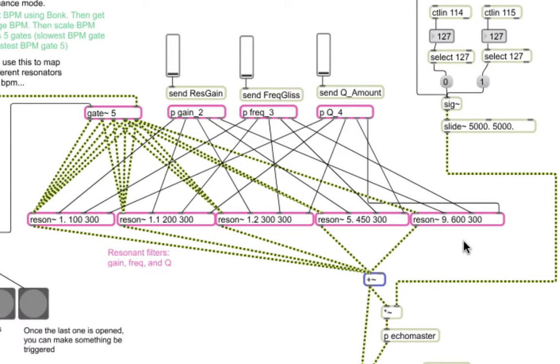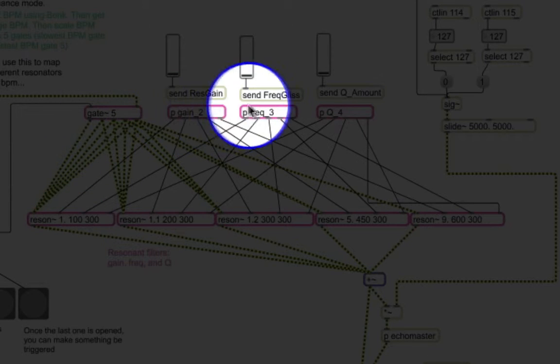Then I can turn up the loudness and the width of the vibration of the resonant filters, the gain and the Q. And that allows me to really milk all the sounds of the harmonics that are exciting the resonant filters.